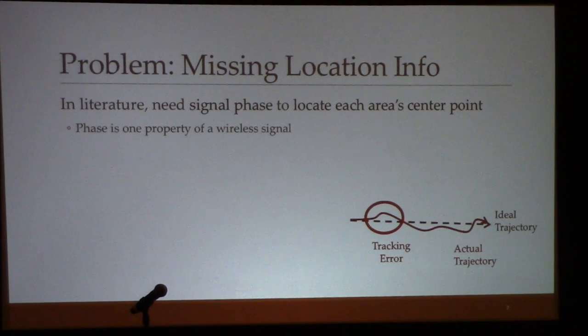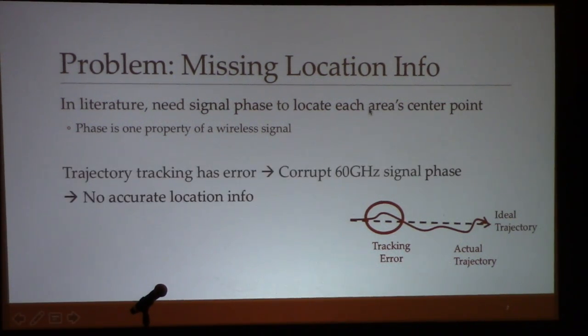These tracking errors will corrupt the 60 GHz signal phase, even if it's just millimeters. And this means we don't have the accurate information of these points anymore. So the only reliable source we have is just the signal strength.